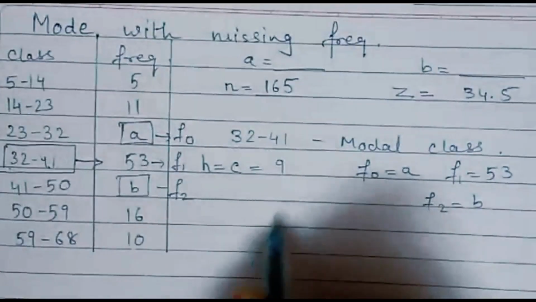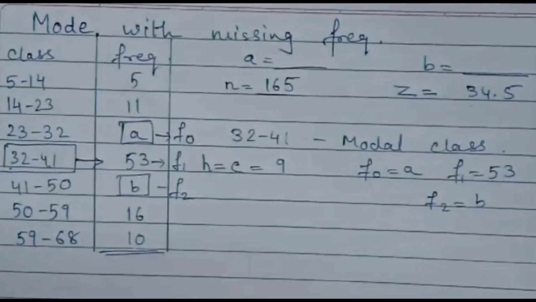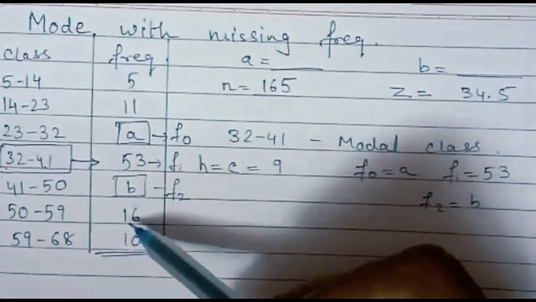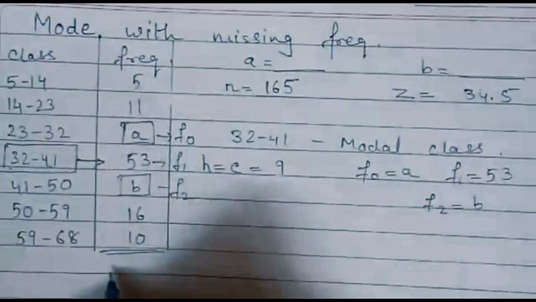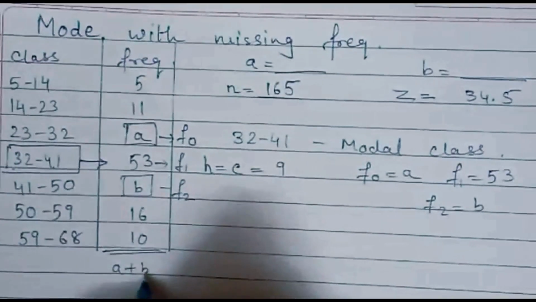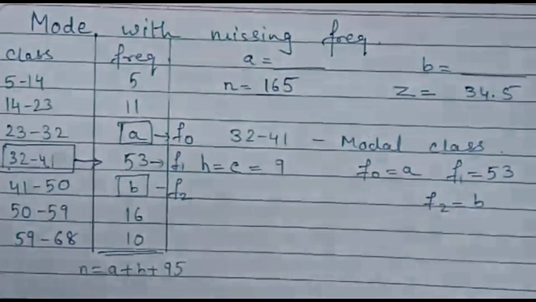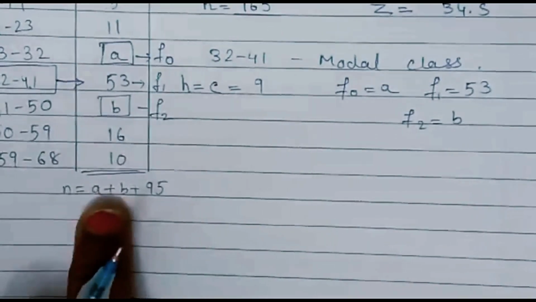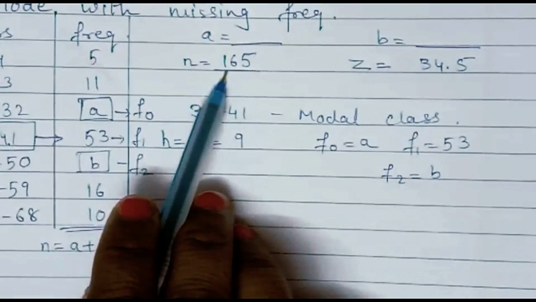The very first thing is to obtain the total frequency. If I add up 5, 11, 53, 16 and 10, I will be getting a total of 95. So this is A plus B plus 95, which is the total number of observations. The very first step will be to compare this value of N with the given value of N in the question.